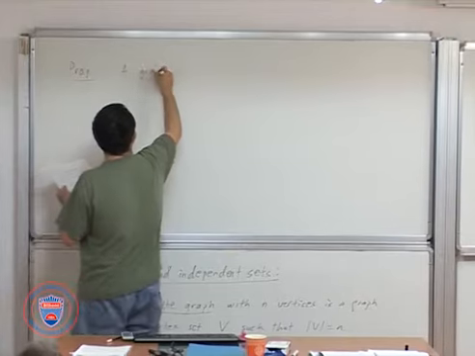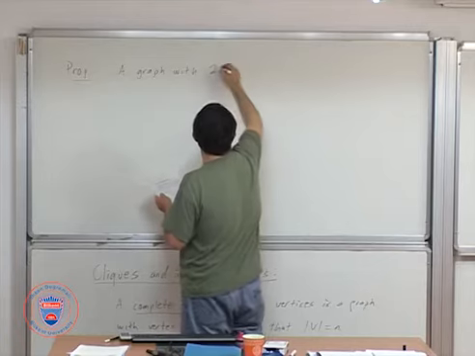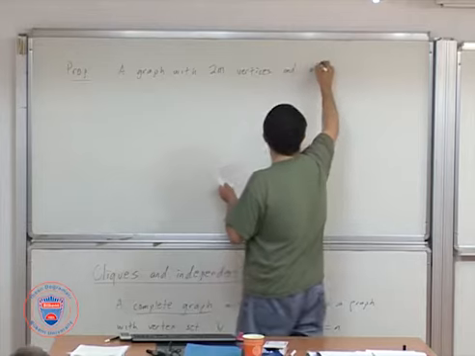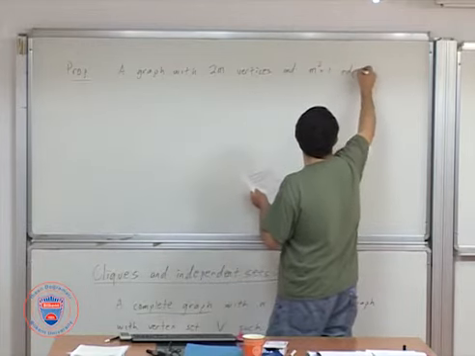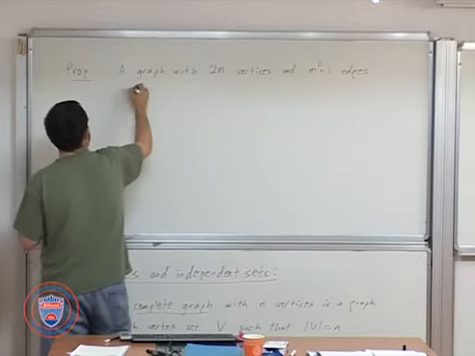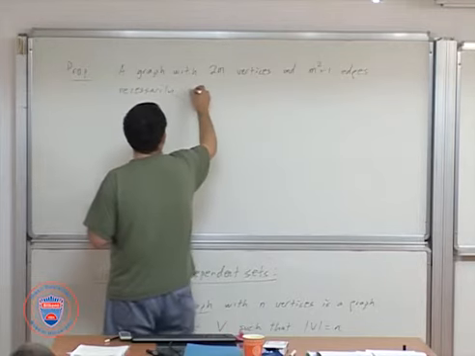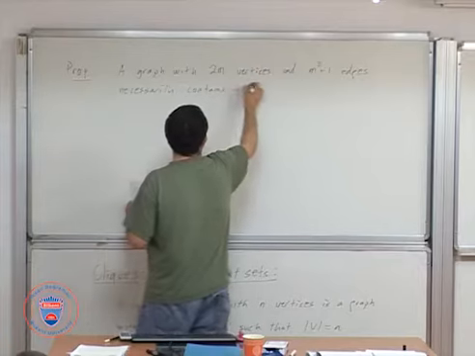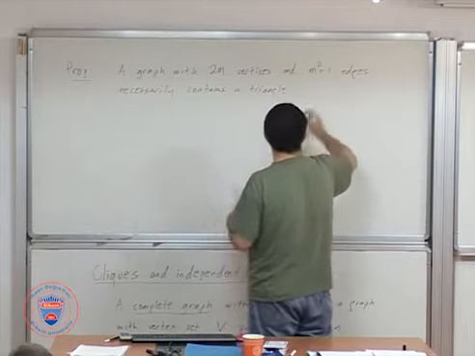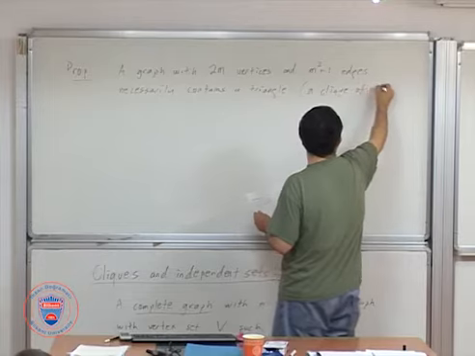A graph with 2m vertices and m squared plus 1 edges necessarily contains a triangle, so a clique of size 3.